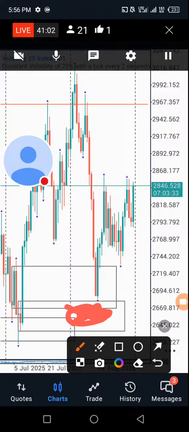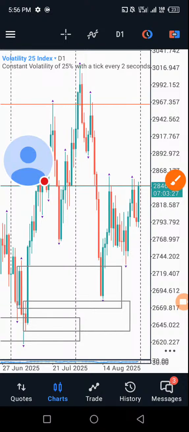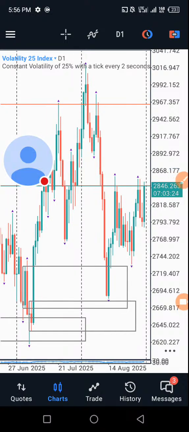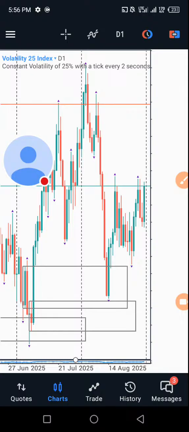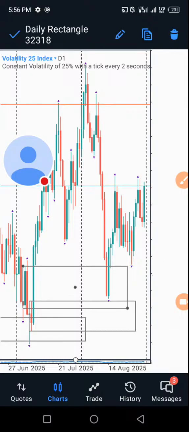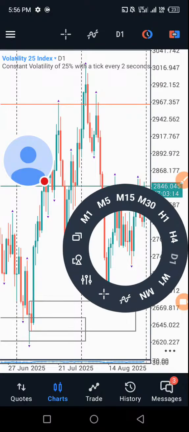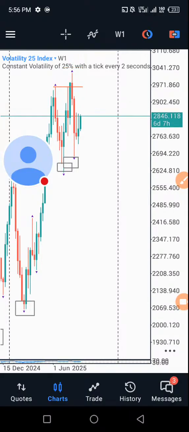Okay, the market did not tap into it, right? So let me remove this here. Okay, the market did not actually tap into it, right?